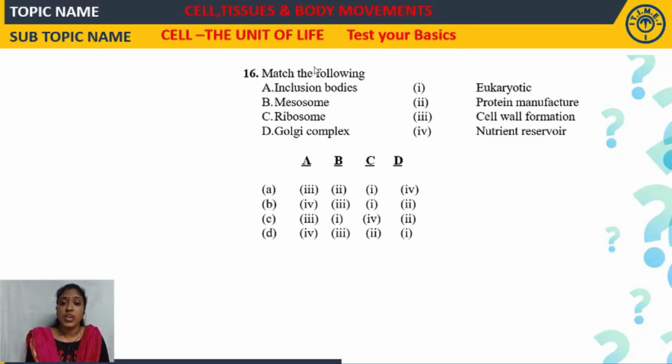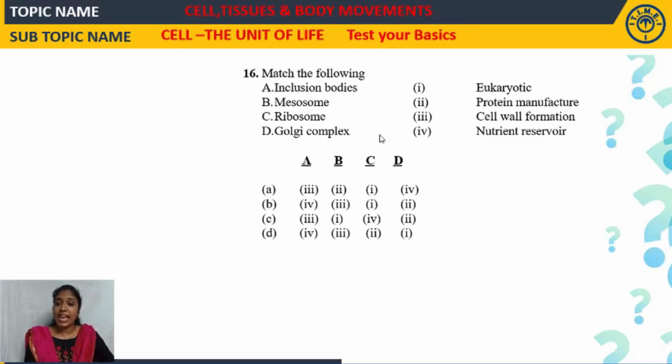So inclusion bodies cannot be matched with eukaryotic, not with protein manufacture, not with cell wall formation, but only with nutrient reservoir. Okay, they are placed in the cytoplasm. Then what about mesosomes? Mesosomes are seen in bacteria, the prokaryotic cell.